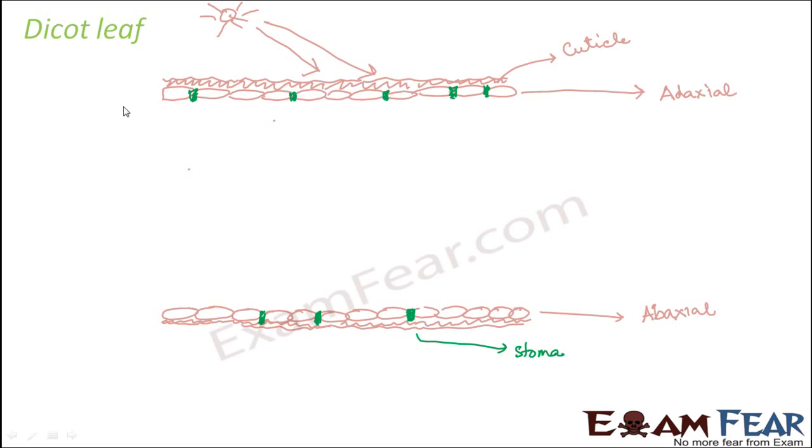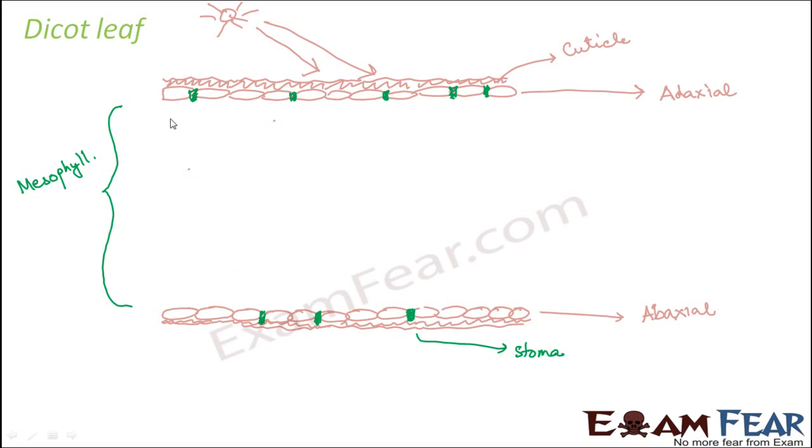Now let us talk about the middle layer of the leaf. That is the most important part to be discussed here. What is there in the middle? Now this middle layer of the leaf is known as mesophyll. Meso means middle. So mesophyll is nothing but the middle layer. Now this middle layer is made up of two types of cells.